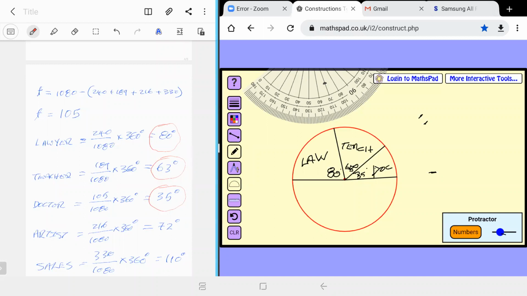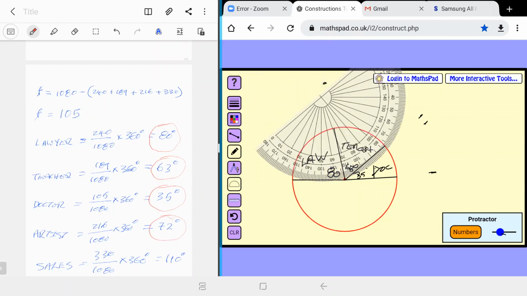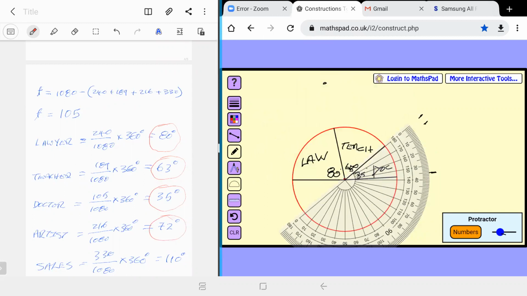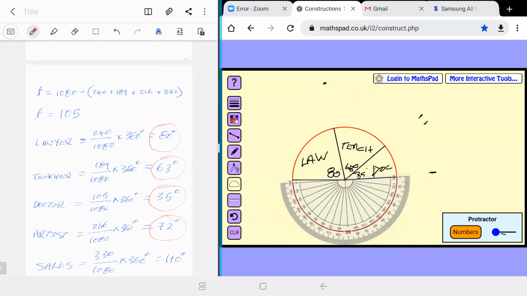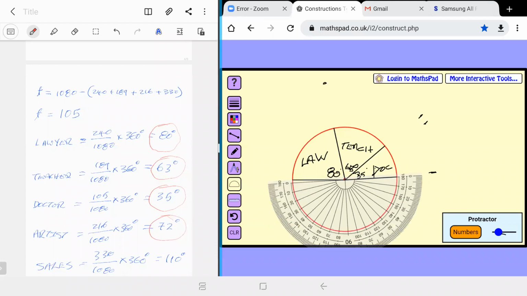Then I need 72 degrees. Again, I'm going to bring back the protractor, put the eye on the point again. I'm going to rotate from the last line. I'm measuring 0 from the last line that I had. I make it a little small because I want to see the 72 degrees. 72 degrees is 2 more than the 70.